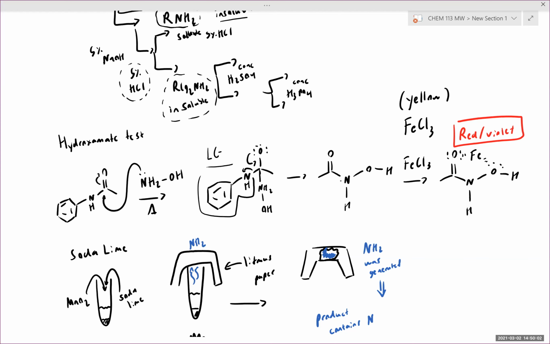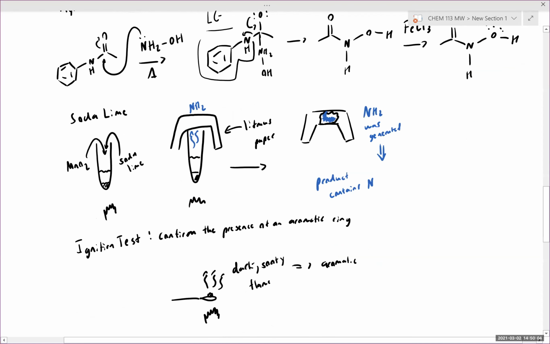Perfect. So the other test we're doing is the soda-lime test. The soda-lime test, not to be confused with the sodium fusion test, is a specific test to detect the presence of nitrogen in your compound. In the soda-lime test, you mix soda lime, manganese dioxide, and your product. This is an exhaustive oxidation reaction that frees up nitrogen in your compound in the form of ammonia gas. So by heating this mixture, you will slowly generate ammonia if nitrogen is present in your product.